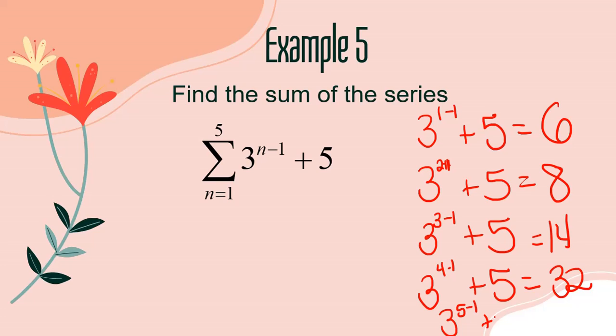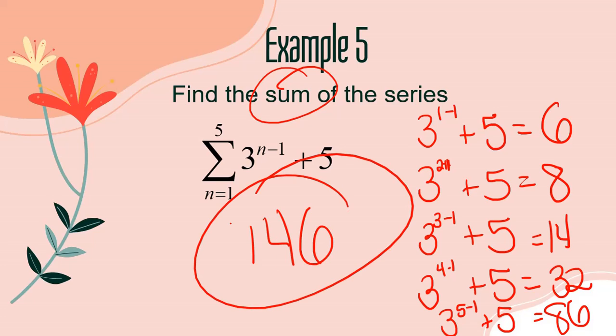Can I squeeze it in? I think I can. I got this. Okay, 3 to the 4th is 81 plus 5 is 86. I need to find the sum again because it's summation notation. So we're going to go 6 plus 8 plus 14 plus 32 plus 86 is 146 for an answer.